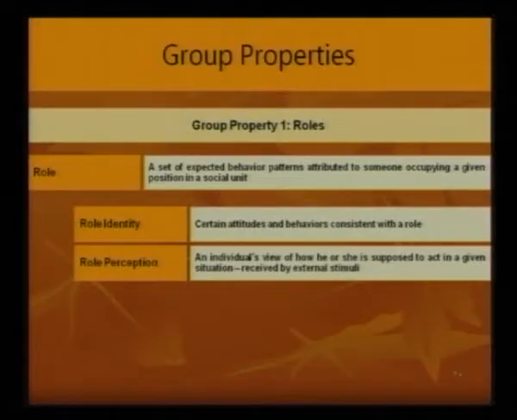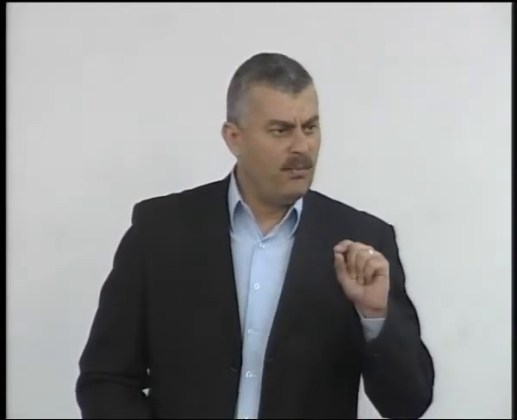Let us start to talk about the differences before continuing with other points. Sometimes there might be differences between rule identity and rule perception. In other words, sometimes the expected rule is something, and how individuals within a group understand the rule might be something else.